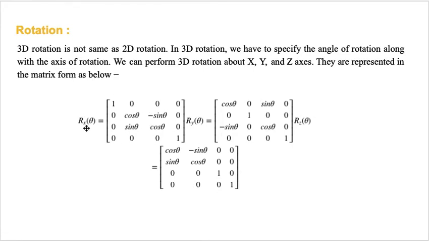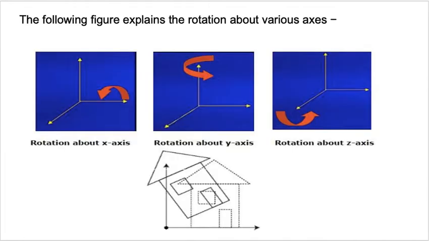This is Rx, rotation in the x direction by theta. This is Ry, rotation about the y axis by theta, and this is the z direction, that is rotation by theta. So this is the matrix of 3 dimensions.